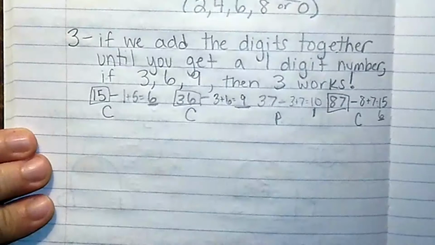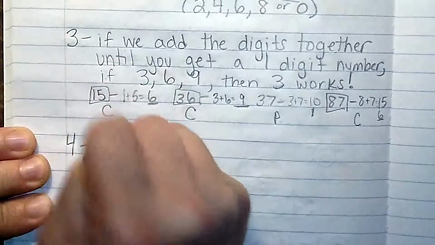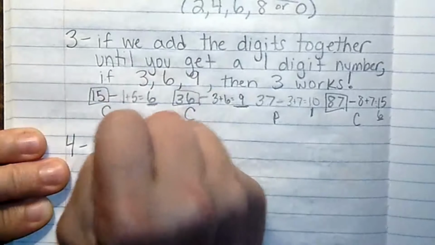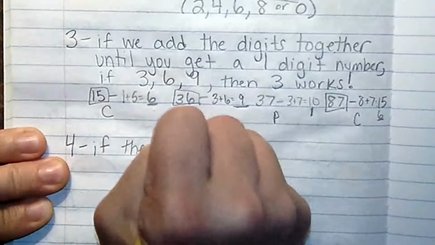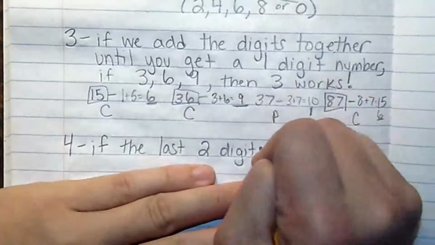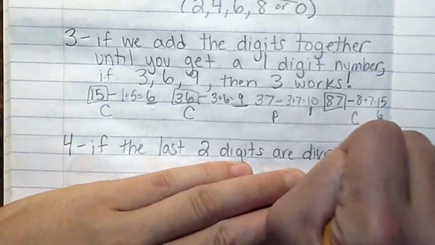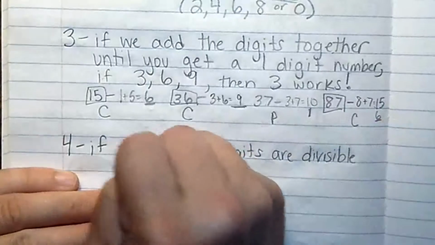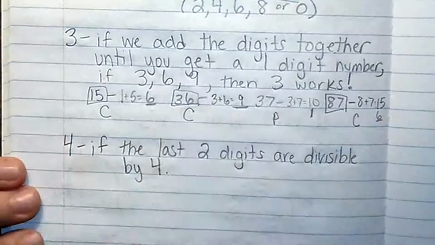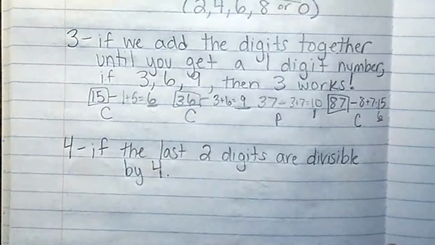All right, 4 is a factor if the last 2 digits are divisible by 4. So 4 will work if you just look at the last 2 digits and if we can divide that by 4.